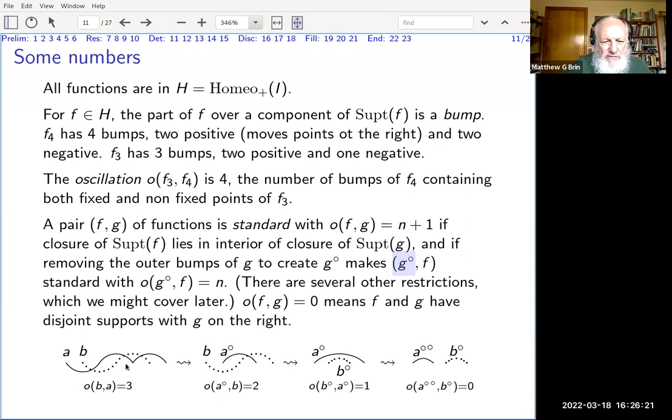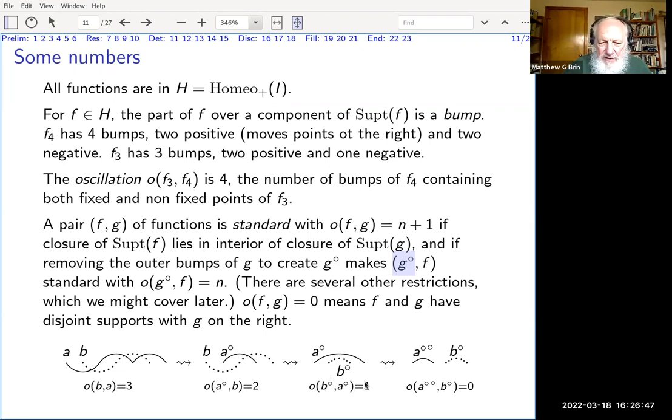When you remove the leftmost and rightmost bump of A, then you have this pair where B is now dominant and the oscillation number is 2. Now you're supposed to remove the leftmost and rightmost bump of B, which leaves nothing, which we don't like. And so the rule is at the left end of the positive bump, you put a tiny little bump and leave it there.